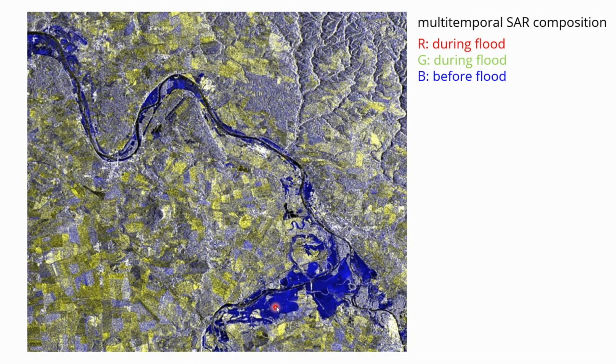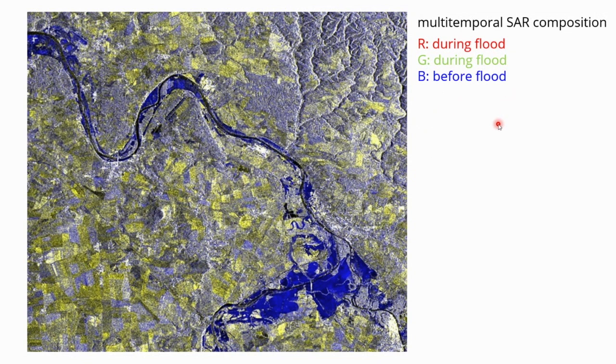So what we can see here, those blue areas are blue because they were bright before the flood. They reflected something actually toward the antenna. They don't reflect it now. That means that there is water during the flood, but there wasn't water before the flood.